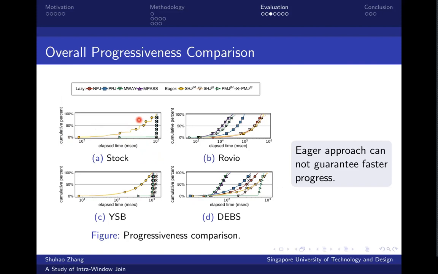Hence, the common belief is that they are able to achieve faster progress. But when the lazy approach can quickly finish the overall process, for example in Rovio, it can surpass the eager ones early. As a result, the eager approach does not always imply faster progress, as our experimental results confirm.